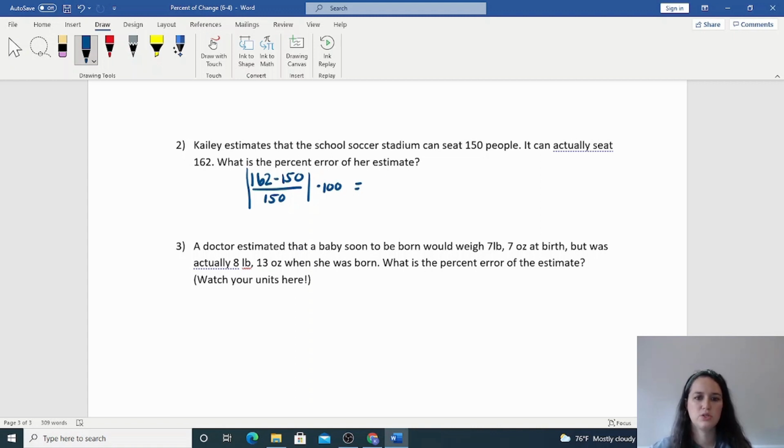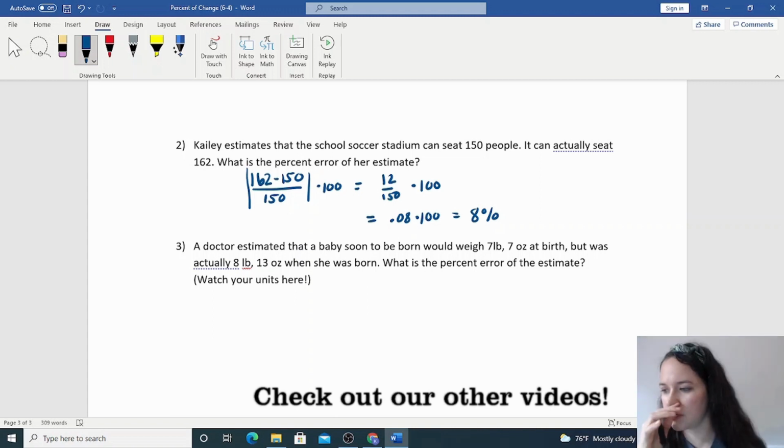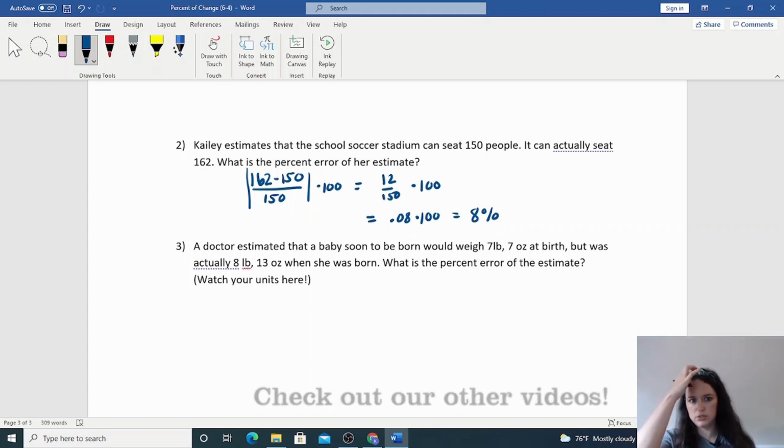All right, so that's going to be 12 over 150. I'm going to go ahead and drop my bars because I know that's going to be positive. You can carry them with you if you so choose. All right, that is going to be 0.08 times 100. So that is 8%. So her percent error was only 8% because she was very close on her calculations.